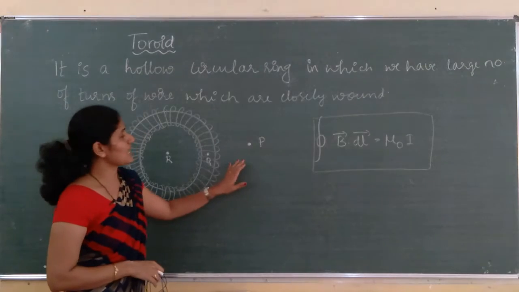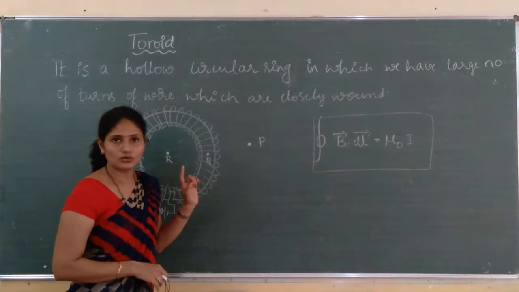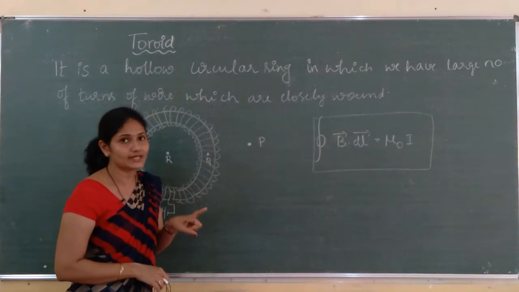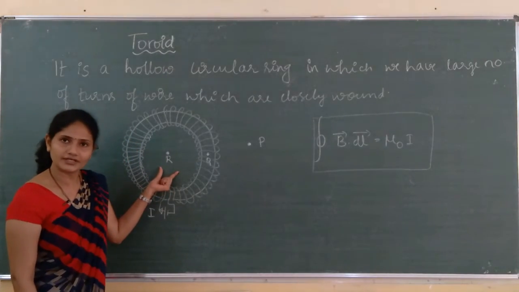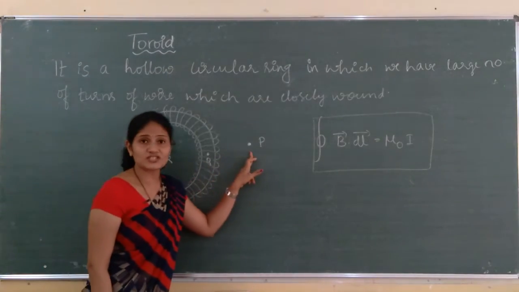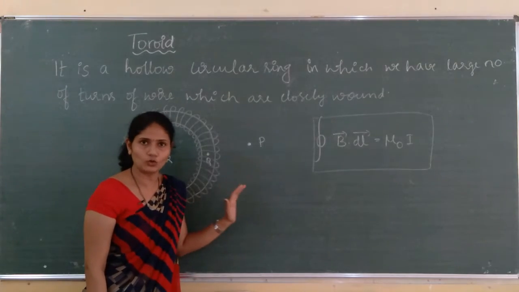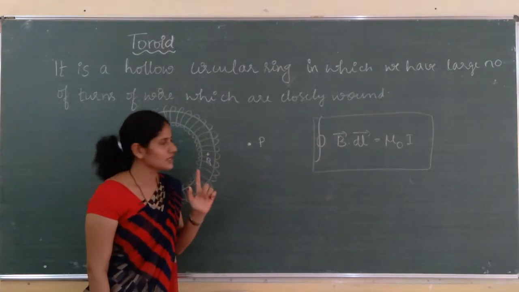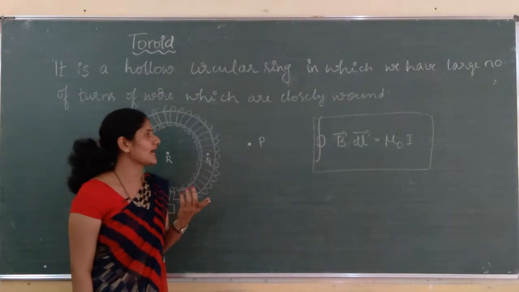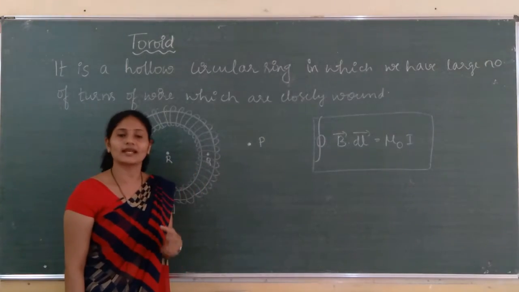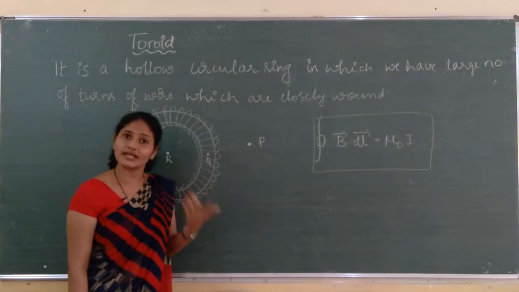So in order to use Ampere's circuital law, we have to consider one Amperian loop. Here toroid is a circular ring, so the Amperian loop must be a closed one. Closed loop means you can have a circle, or you can have a square, or you can have a rectangle.